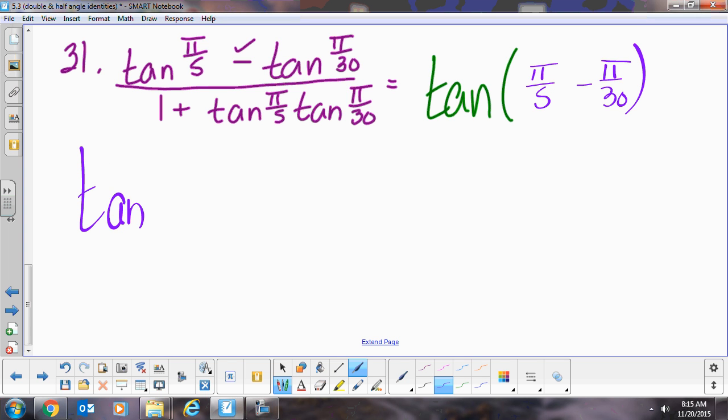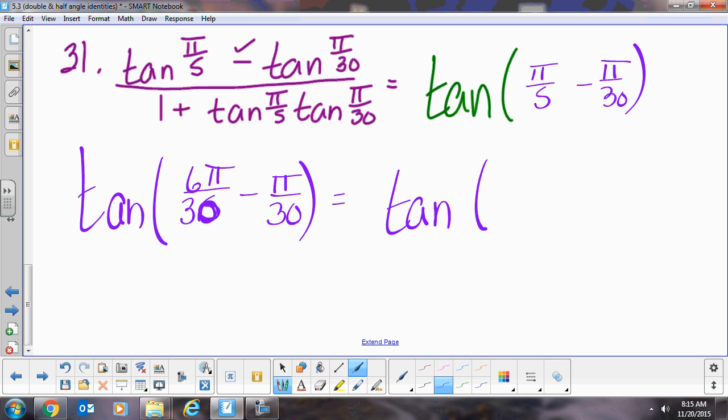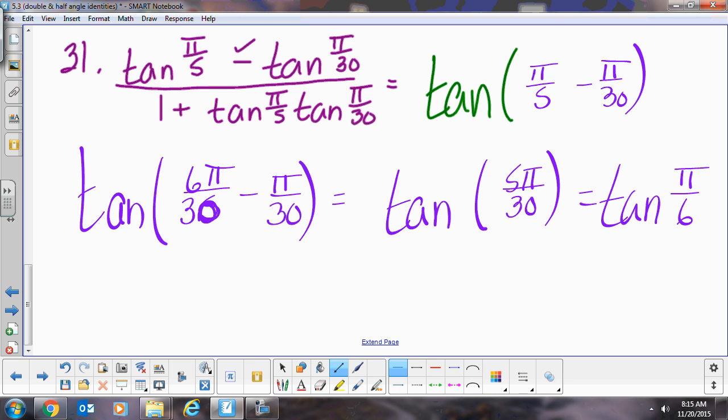30. So 6 pi over 30 minus pi over 30. What does that give me? 5 pi over 30, which indeed gives me pi over 6. Now can we do it? Okay, what quadrant? 1.